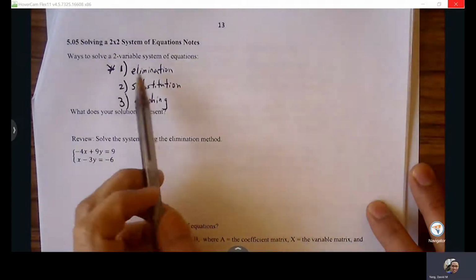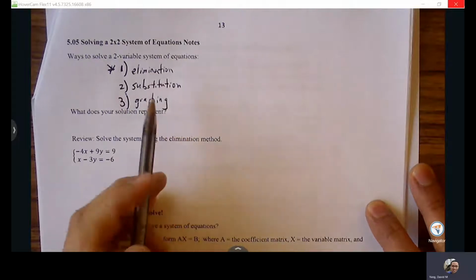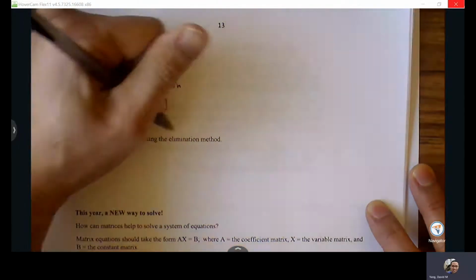So when we go through this process, what does this solve for us? The solution represents the point of intersection of these functions.